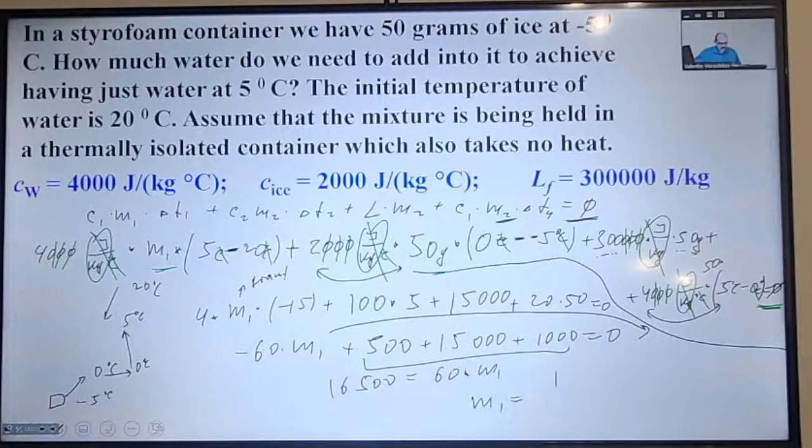M1 will be equal to 16,500 over 60. So 1650 divided by 6. 275, and I remembered it should be grams.